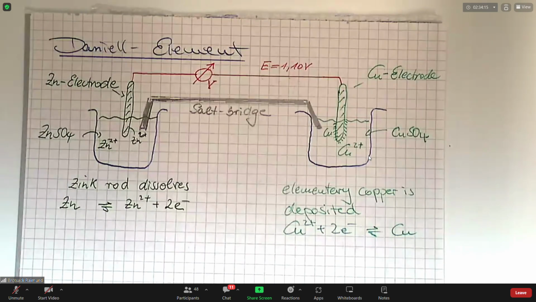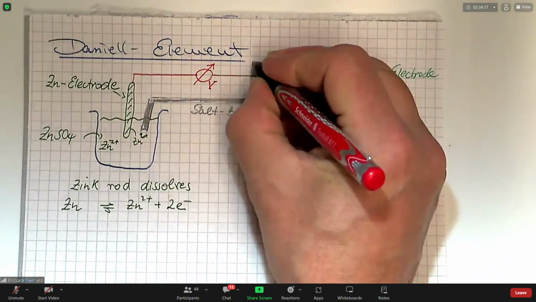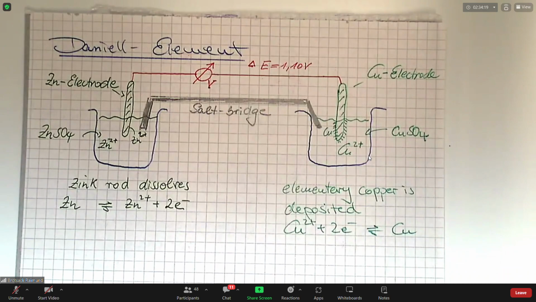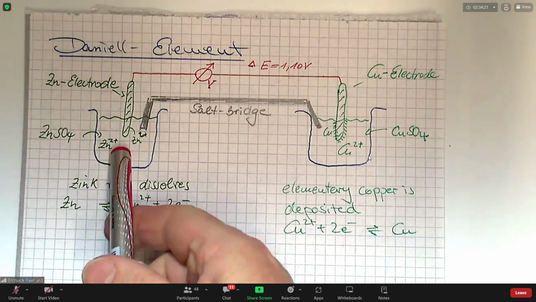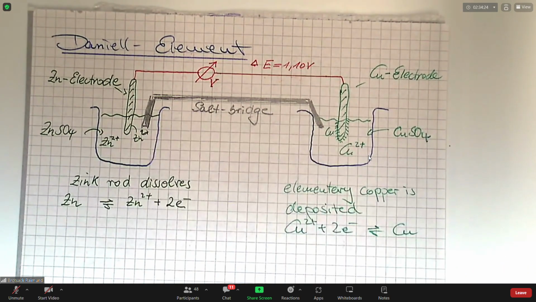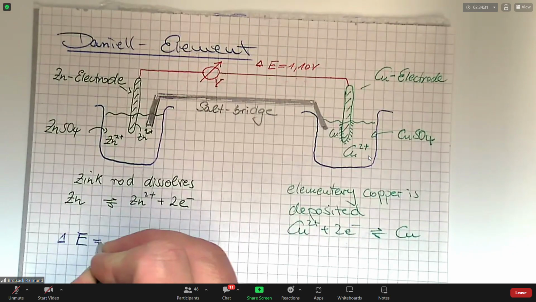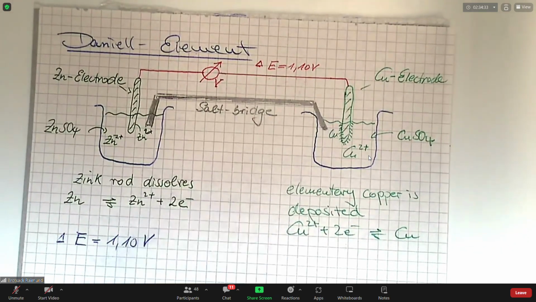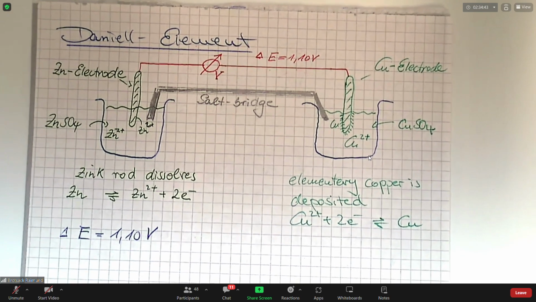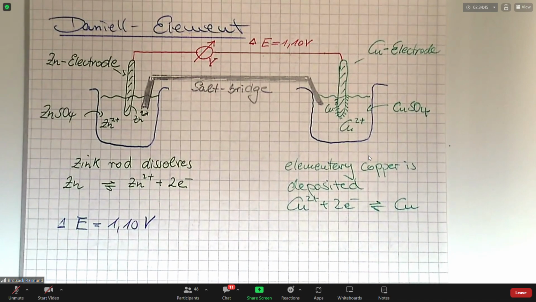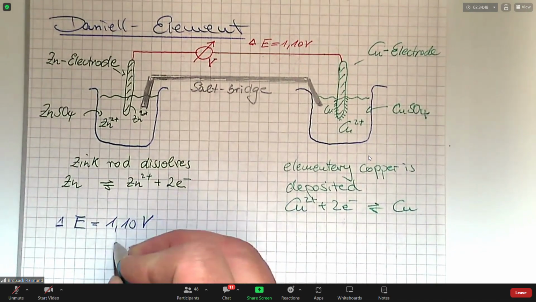What we measure is the delta of these potentials, the delta E. We cannot measure the absolute value, we measure just the difference. So delta E is 1.1 volt. And due to the difference in the redox potentials between the 2 electrodes, we have this difference.